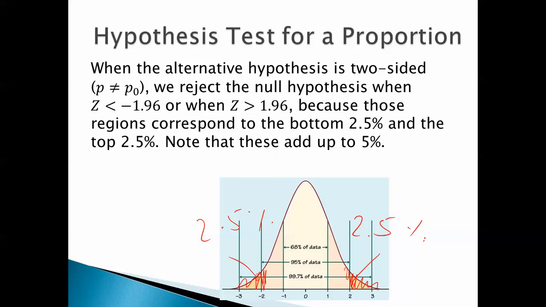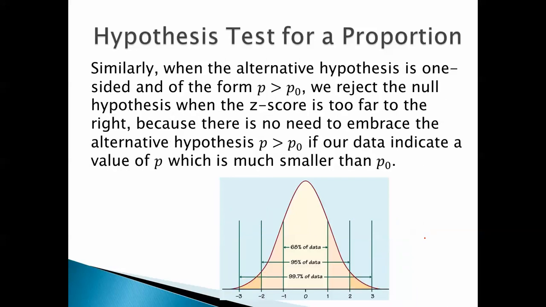We want 95% confidence. Similarly, when the alternative hypothesis is one-sided, and of the form P is greater than P0, that's what we have in our case, we reject the null hypothesis when the z-score is too far to the right, because there's no need to embrace the alternative hypothesis P is greater than P0 if our data indicate a value of P which is much smaller than P0.